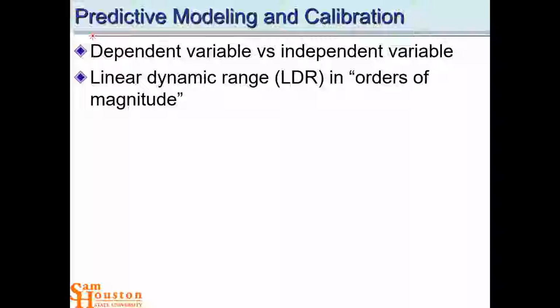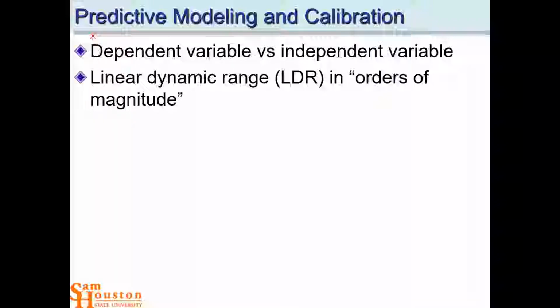You're in the hundreds or thousands or millions. And so the linear dynamic range in orders of magnitude means you can take concentrations that give you signals that go from, say, 0.1 absorbance up to, say, 5 absorbance. And that's not a very big range. In orders of magnitude, that's just 2 orders of magnitude. 0.5, so that's the tenths place, up to 5, which is the ones place.